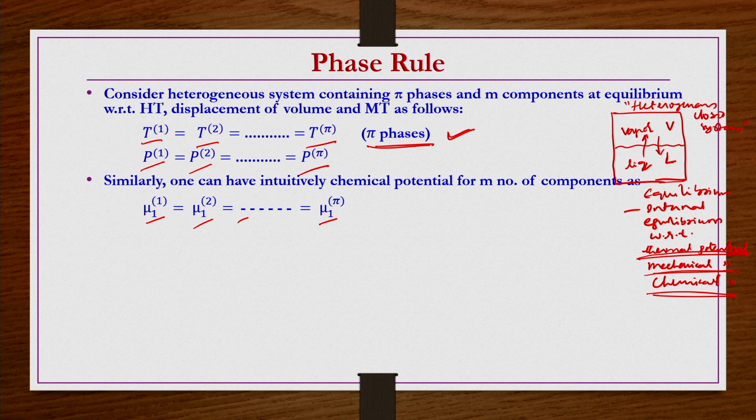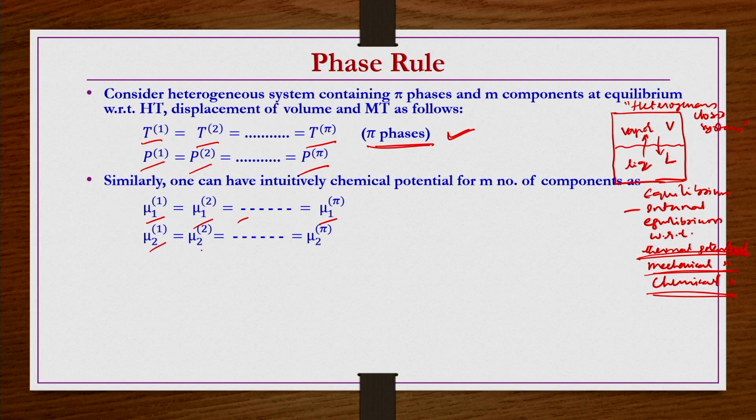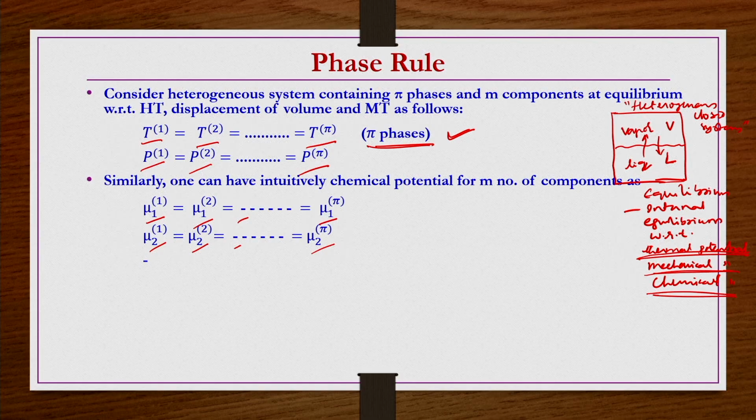Similarly, for the second component also, the chemical potential of that particular component should be the same in all the phases. So, mu 2 in phase 1 should equal mu 2 in phase 2, which should equal mu 2 in phase 3 and so on, up to mu 2 in phase pi, as there are pi number of phases. Likewise, you keep on constructing for all m number of components.